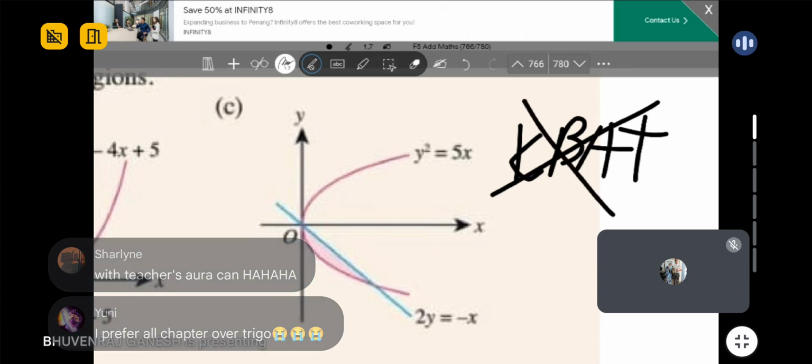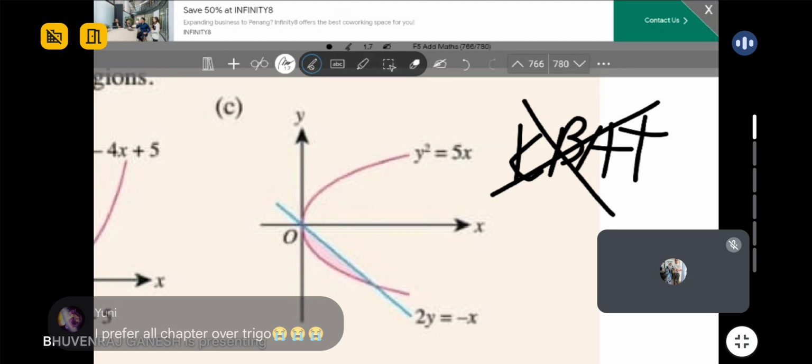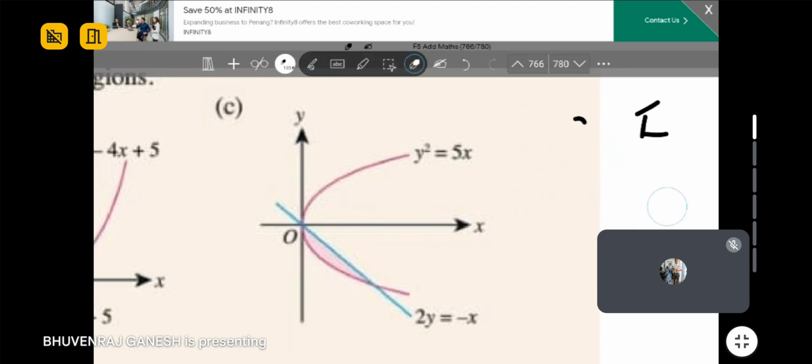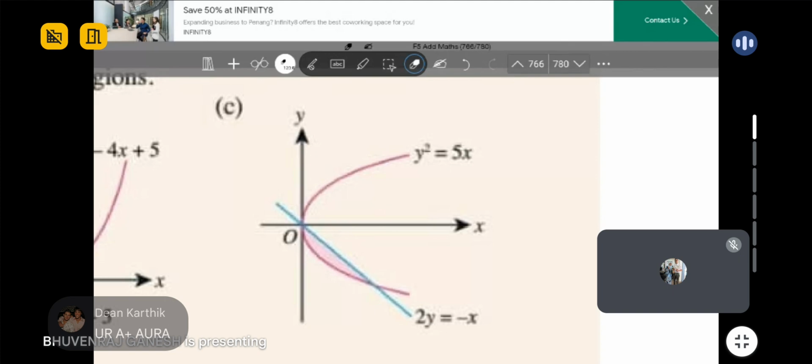We teachers aura can. What aura I have? What is the aura you're mentioning? You mean the AdMax aura? Oh, A plus aura. Okay. I also don't know. I prefer all chapters over Trigo. Normal lah. Everyone doesn't like Trigo, what? It's the hardest chapter. Okay.